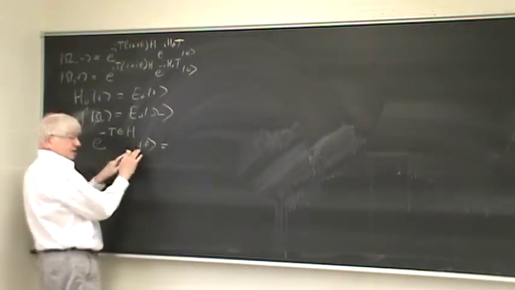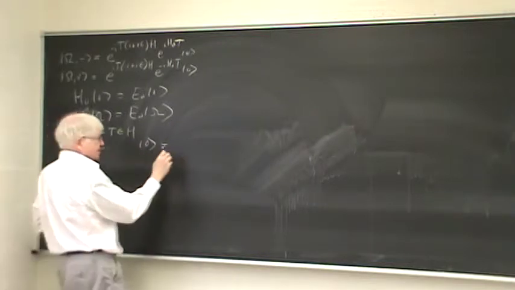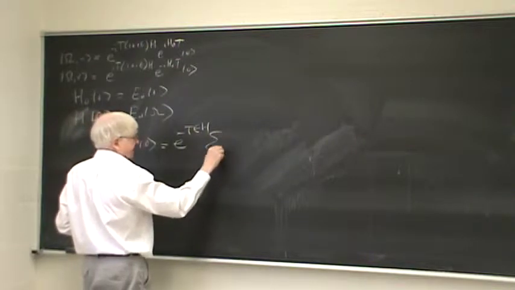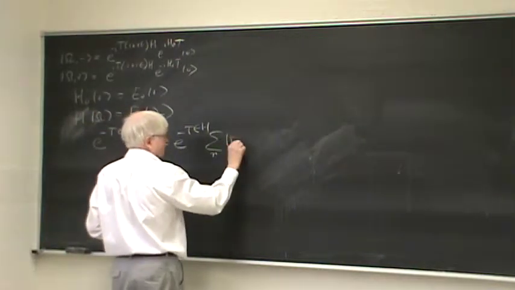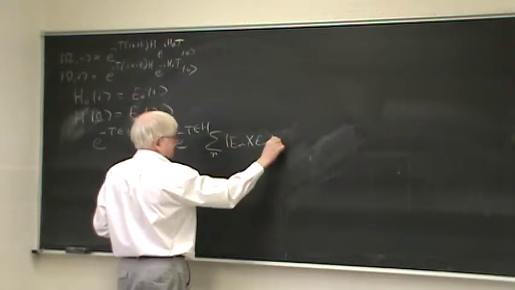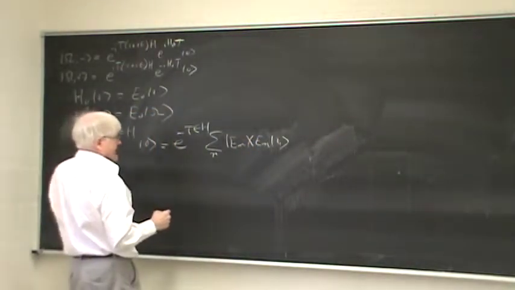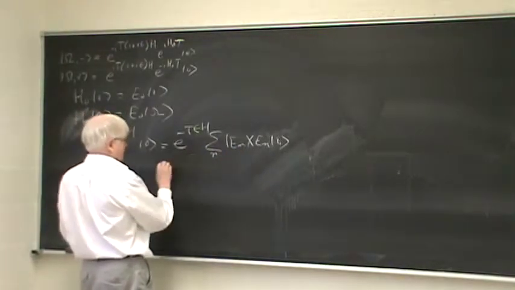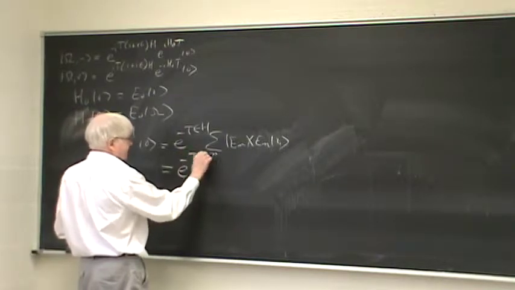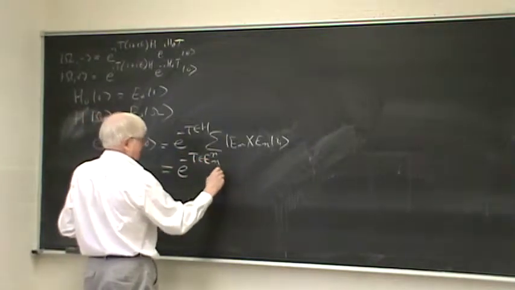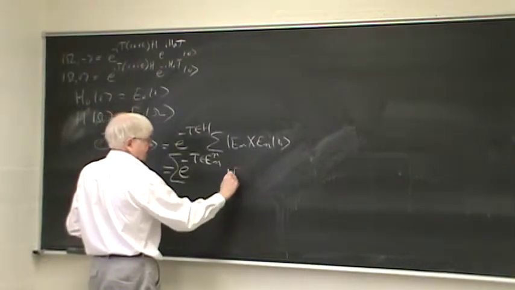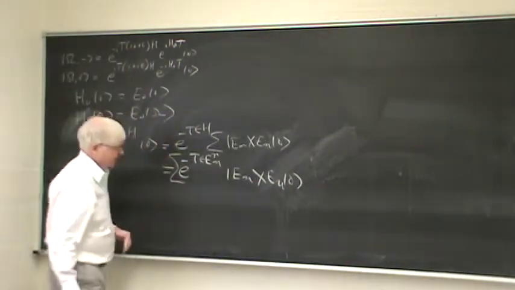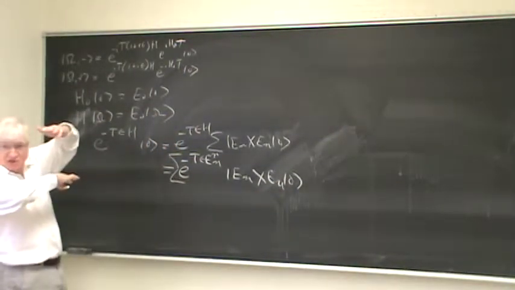Now if we insert a complete set of eigenstates of the full Hamiltonian, this is e to the minus T epsilon H, sum on n, |n><n|0>, and this projects out the lowest state. In other words, this is e to the minus T epsilon E_n, <n|0>. This is some number which cancels when you take the ratio. Remember, we take a ratio.